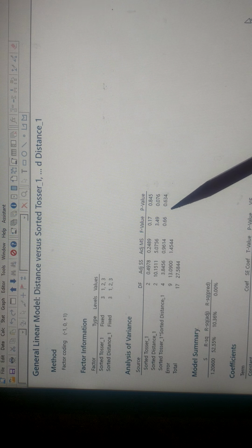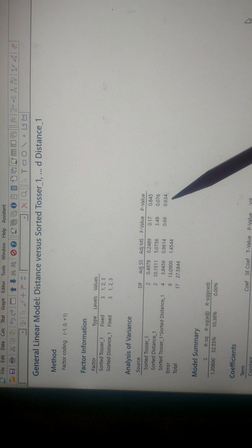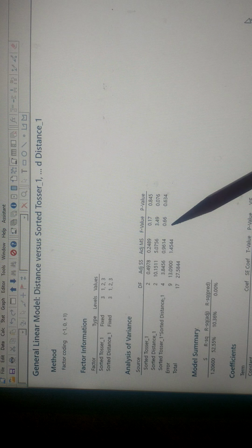If our p-value is more than 0.2, we would probably throw that out and reanalyze the data. But let's not do that right now. It's weird that your F value is even less than 1. Even if something has no effect at all, you'd think on average its F value would be about 1. So this is a little less than you'd expect, even if it has absolutely no interactive effect. Similar thing with the block effect here.